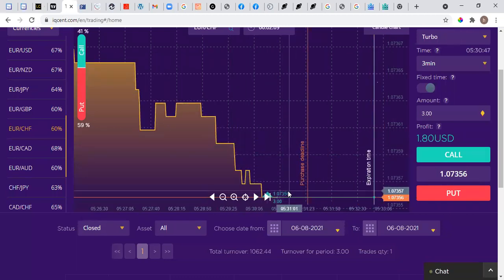It's not really moving. You can see that it's just hanging on that area.